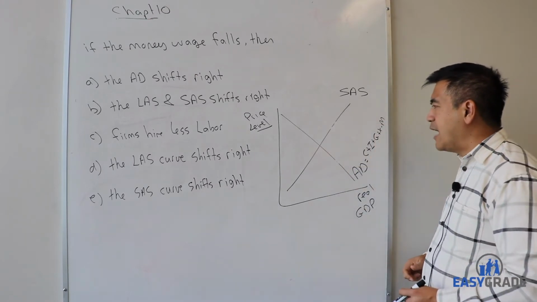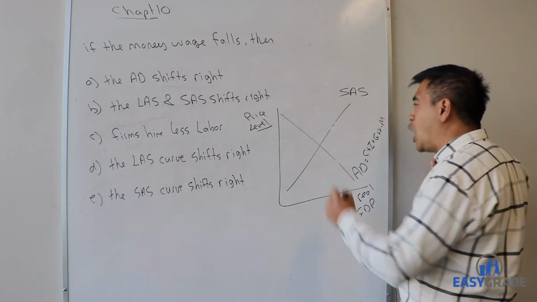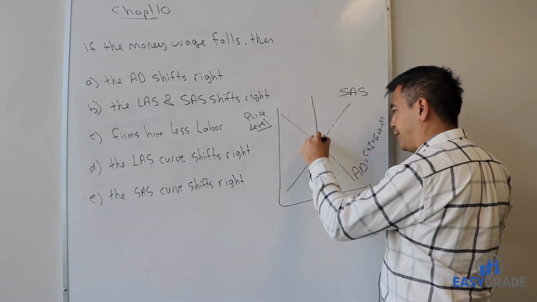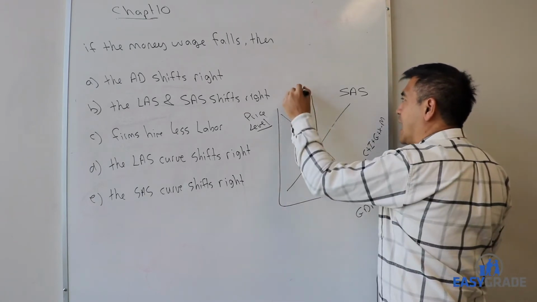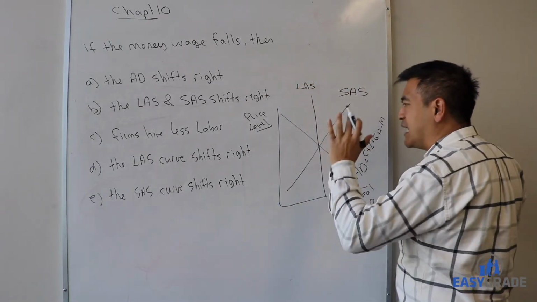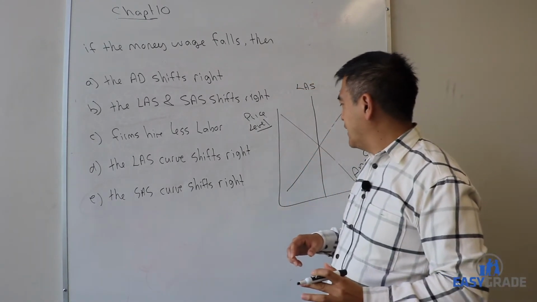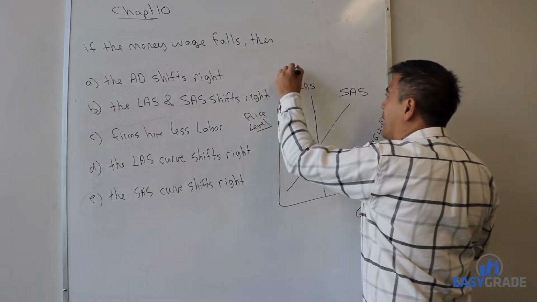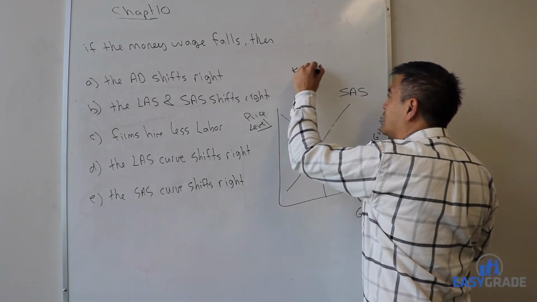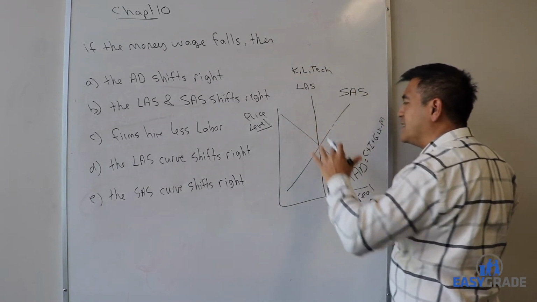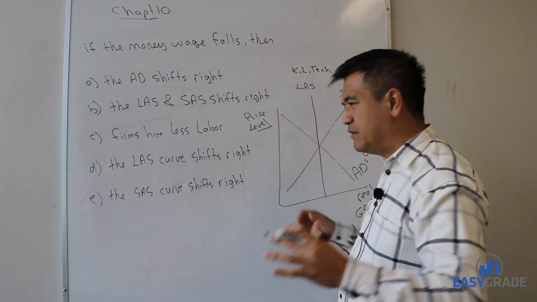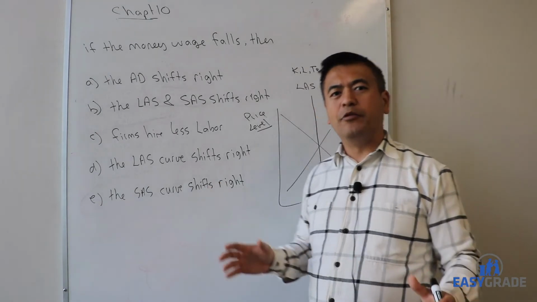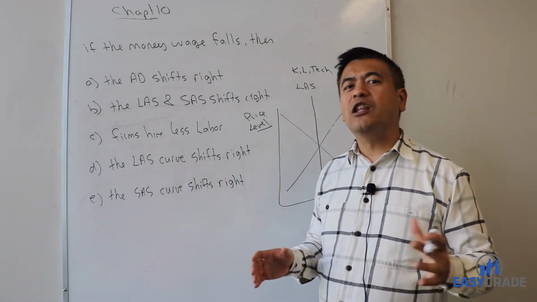Okay? We also have the long run aggregate supply curve, which is vertical. And it's vertical because in the long run, the output depends solely on your capital, your labor, and your technology. That is the maximum potential output an economy can produce in the long run.